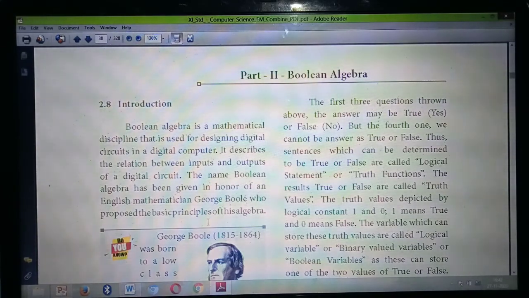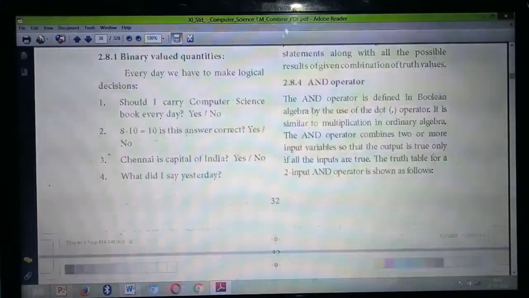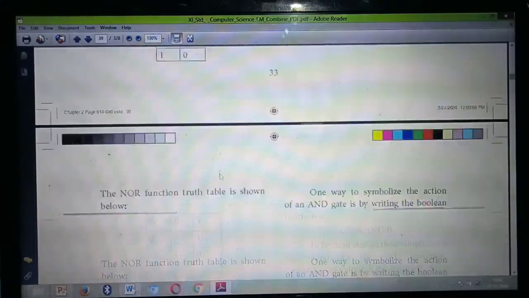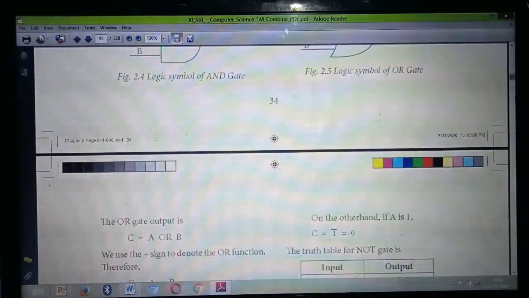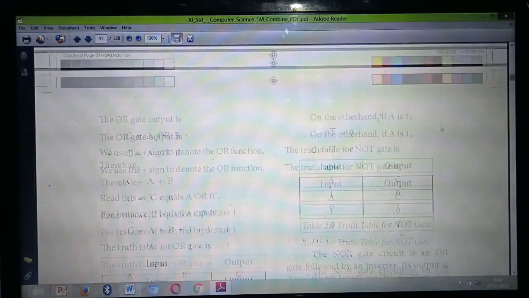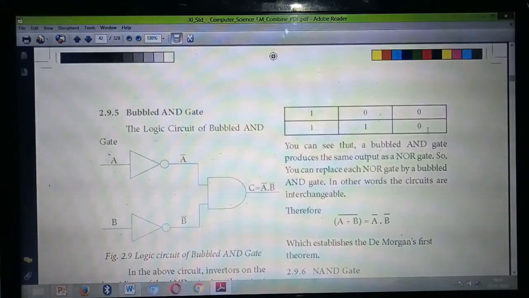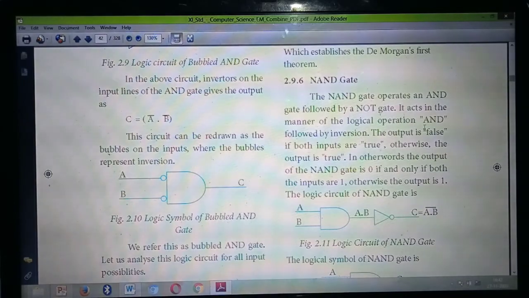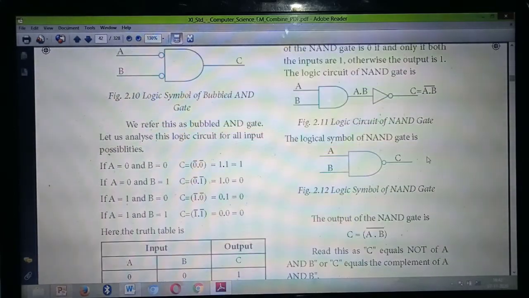Then, second question, take page number 36. Logical symbol of NAND gate. Have you seen this one?